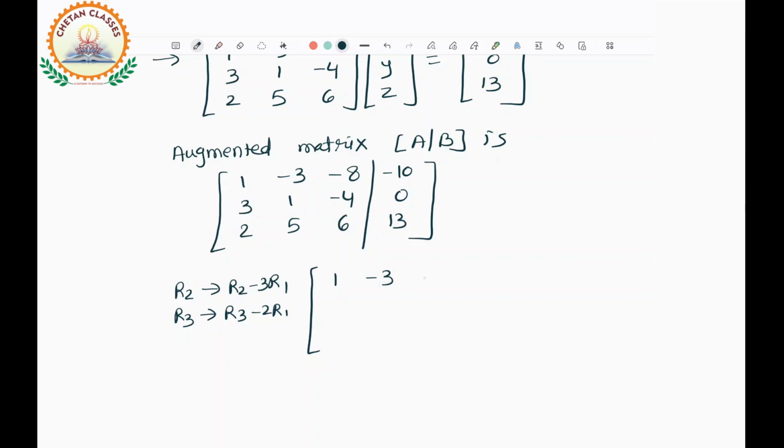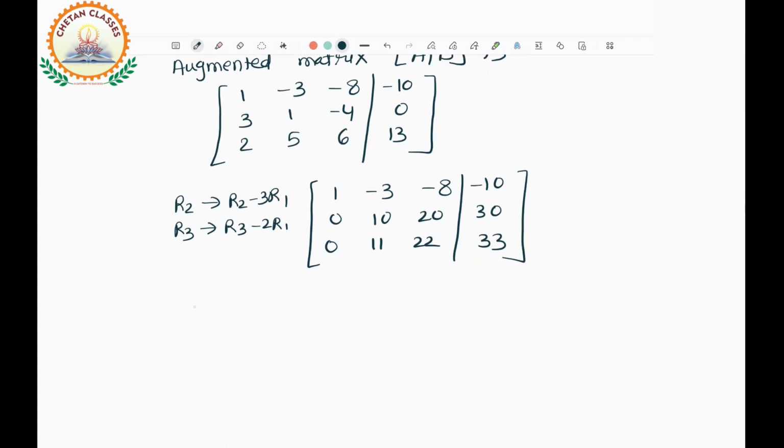So we get 1, -3, -8, -10 as it is, then 0, 10, 20, 30, and 0, 11, 22, 33.